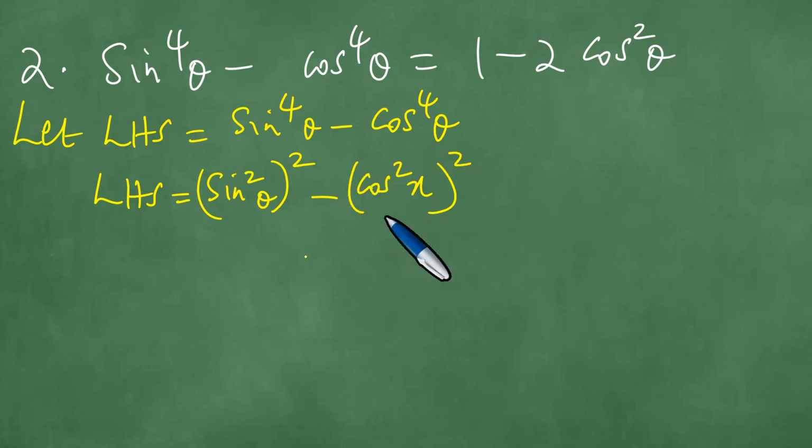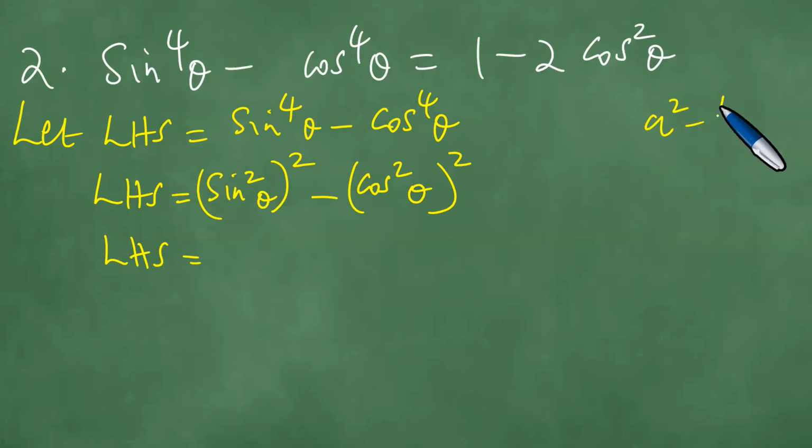Okay, there's a theta there. So this is theta. So there's 2, 2, 2, 2, which is the 4. Difference of two squares is that if you have a squared minus b squared, it's a minus b times a plus b.